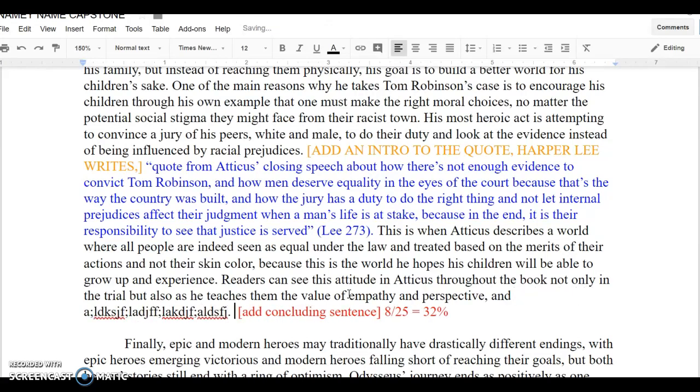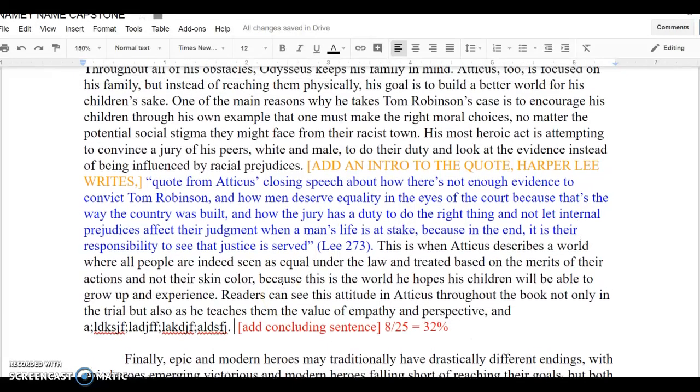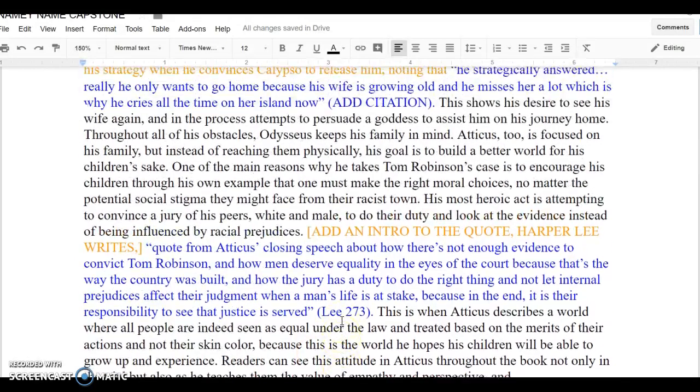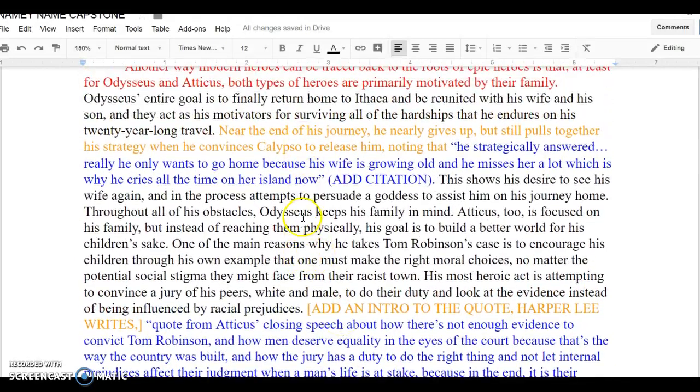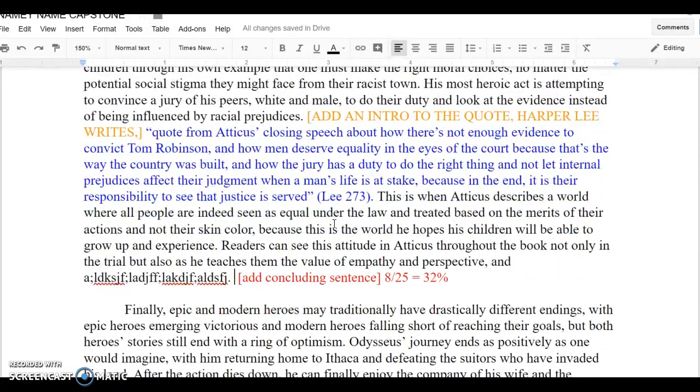I could talk about a lot of things from the book. But extending my analysis here, so that way, hopefully when I go back and look, notice it's mostly black now instead of being mostly blue. And that means it's mostly something that I wrote instead of something I just pulled from a book.